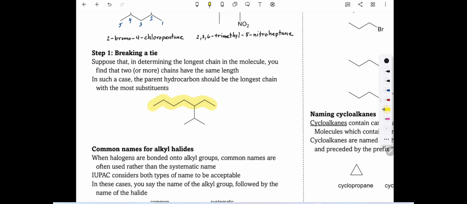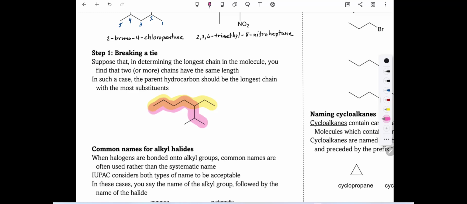And since it's going from left to right, our natural inclinations are going to be to want to make that the parent. However, if you look carefully, we also have 1, 2, 3, 4, 5, 6, 7, which is a very different path. It's still going to be 7 carbons long.